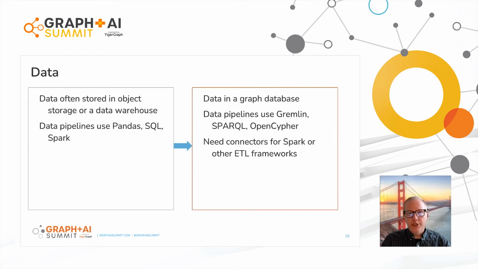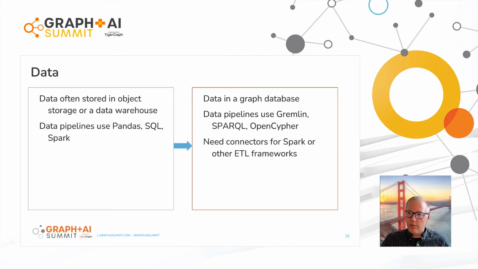So, what this slide is showing is that one of the challenges we face is that compared to a traditional type of ML scenario on the left, where our data may be stored in a data lake or in a data warehouse, and we have some common tools like pandas and NumPy and Spark to analyze and work with that data, when we're working with Graph ML, our data often comes from a graph database, and our data pipelines then have to know how to work with the data in that graph database.